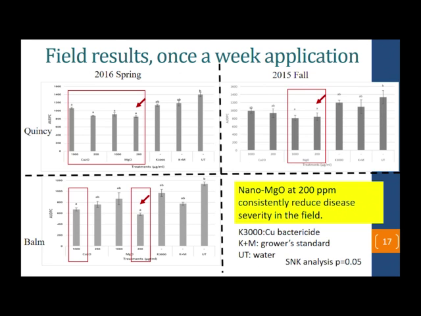And COSI 3000 and copper mancozeb don't significantly reduce disease severity in any of these trials. So we're safe to say here that magnesium oxide nanomaterials at 200 ppm consistently reduce disease severity in the field.